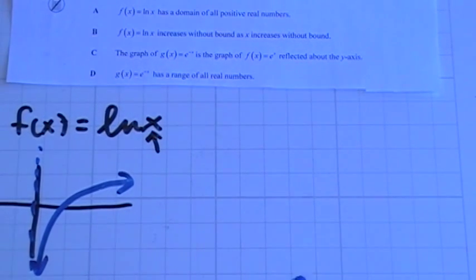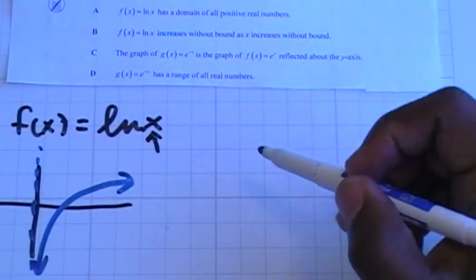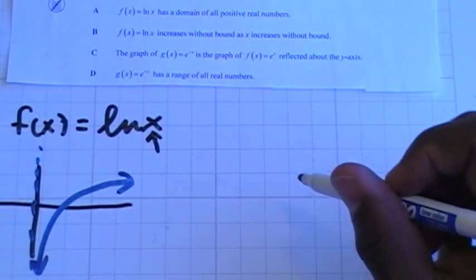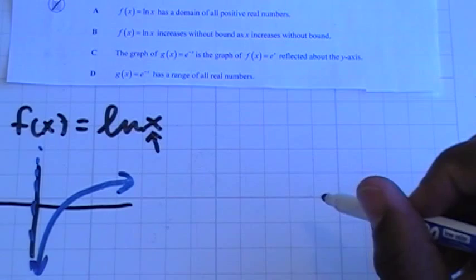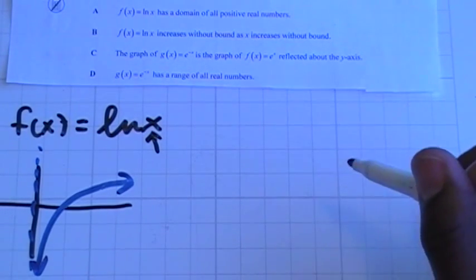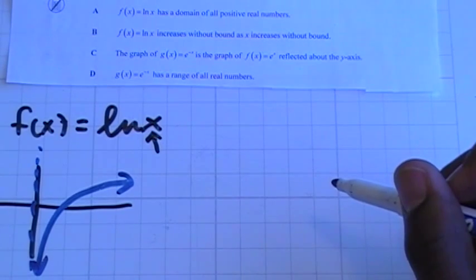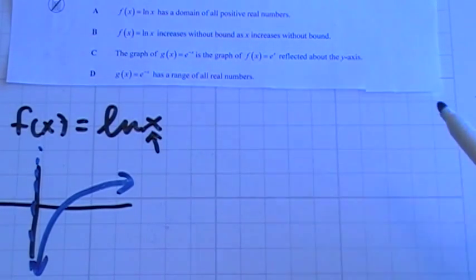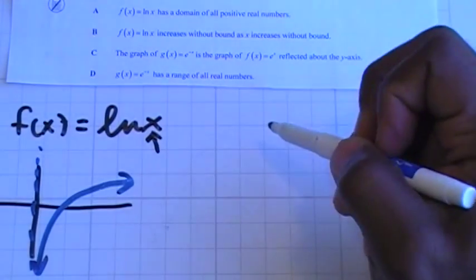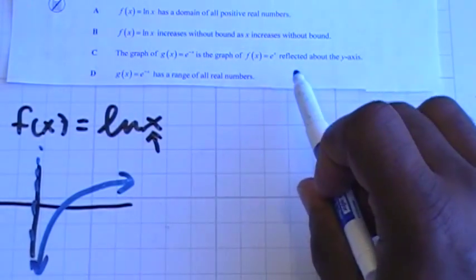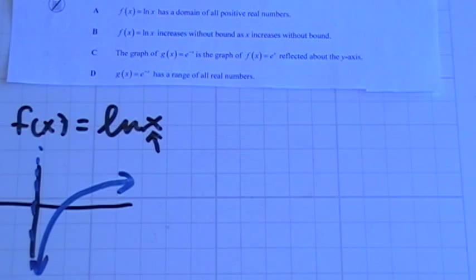C. We get to C and we start to deal with a little bit of transformation. It says the graph of g of x is equal to e to the negative x is the graph of f of x is equal to e to the x reflected about the y-axis. So that's our transformation. I don't need to graph it to see, but let's graph it anyway.